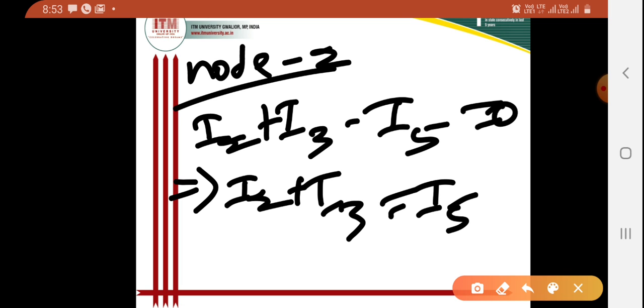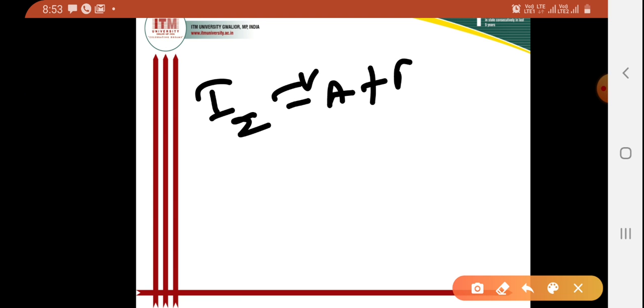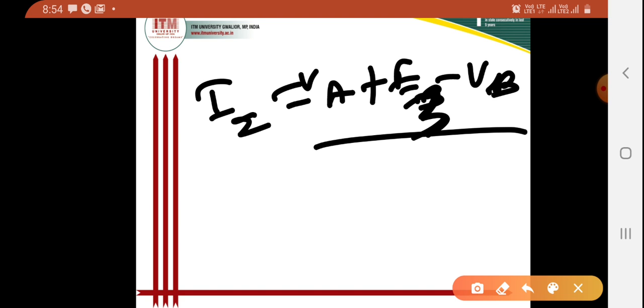This is as per KCL, applied to node 2. Now I can write I2 here as VA plus E3 minus VB, divided by R2.